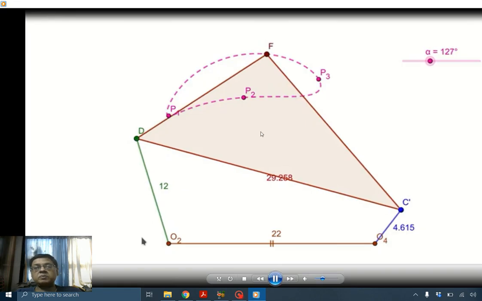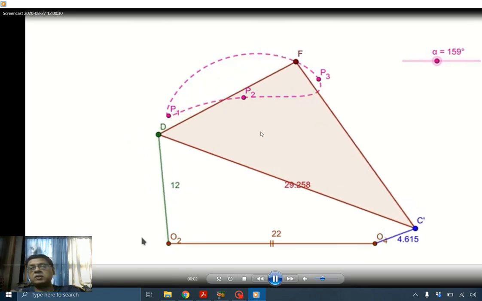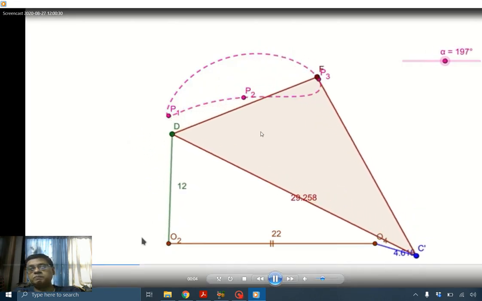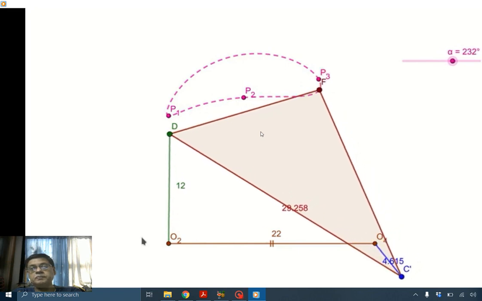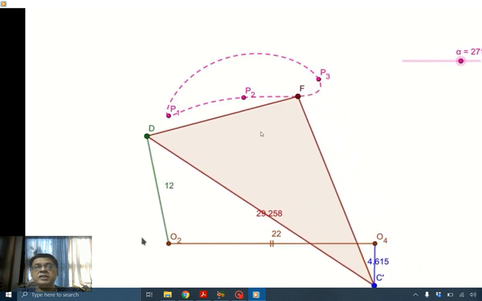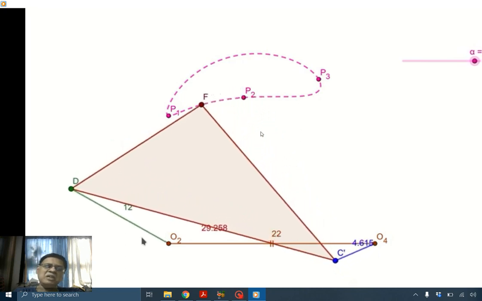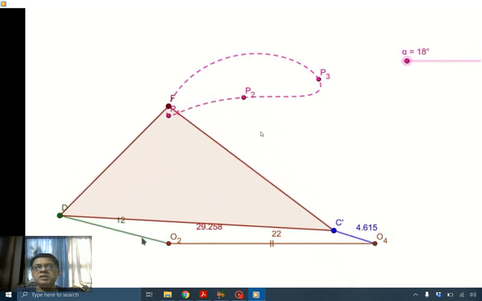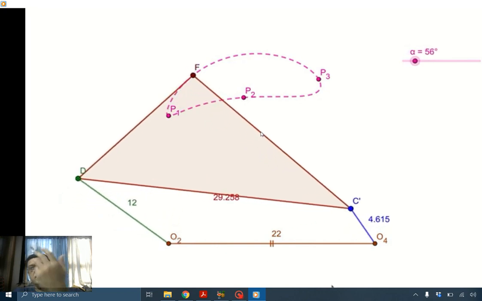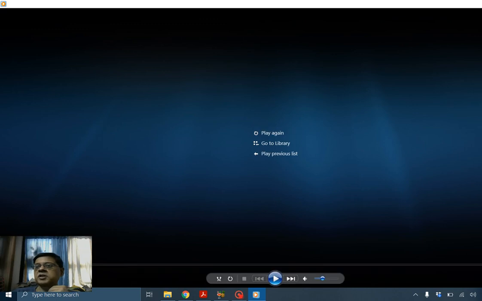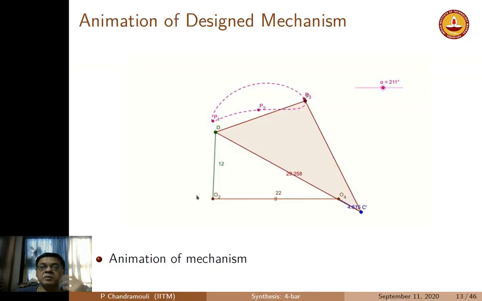Let me play that once more. You can see that it is coming down, passes through P3, but the three are not actually on a straight line. P1 to P2, you could say that it is almost a straight line, but the design criteria was that the coupler should occupy those three positions, which it does. Unfortunately our original thought process was that P1, P2, P3 should be a straight line. That didn't happen for us.